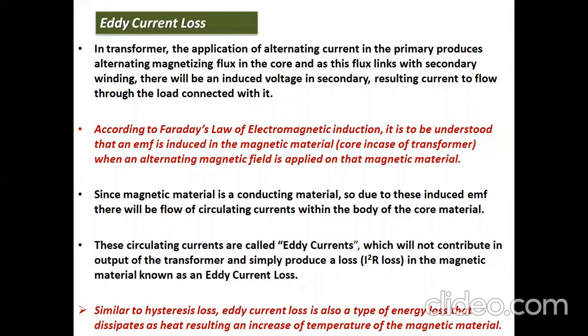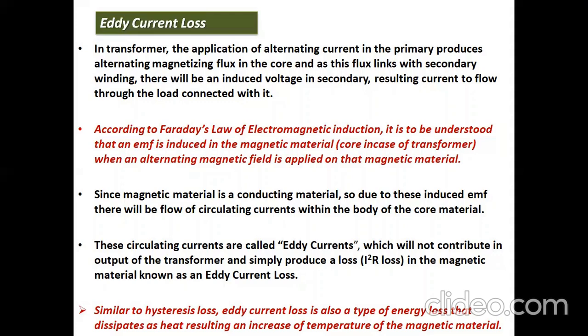Since magnetic material is a conducting material, due to this induced EMF there will be flow of circulating currents within the body of the core material. These circulating currents are called eddy currents, which do not contribute to the output of the transformer and simply produce an I squared R loss in the magnetic material known as eddy current loss.